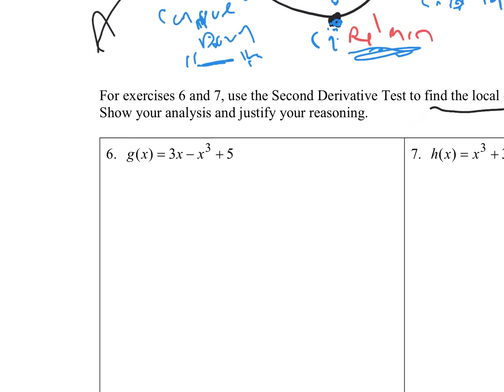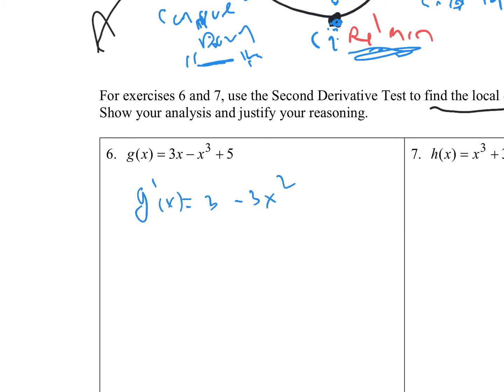So as I work out this first one, g prime of x is 3 minus 3x squared plus 0. g double prime of x is going to just be a negative 6x. Now, I could have done it first, so pretend I didn't do the second derivative yet.